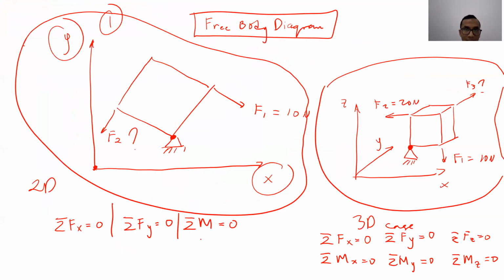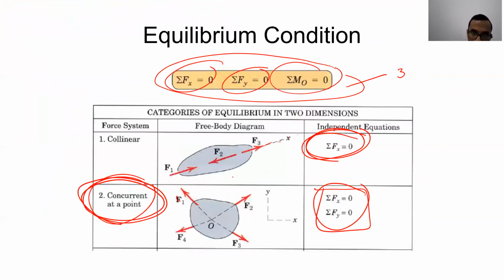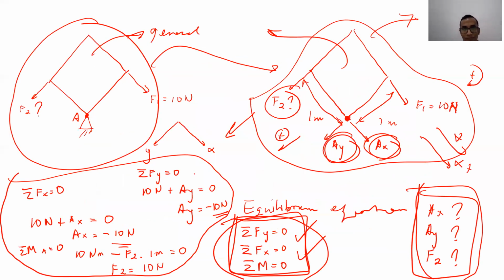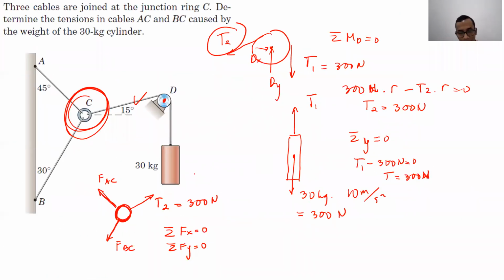So actually, this one is the same as this product, concurrent at a point. In that case, the equilibrium condition that we can use is sigma Fx equal to 0 and sigma Fy equal to 0, because the moment will be 0. There will be no moment there. Okay, Judy? Okay, we can solve it using this.